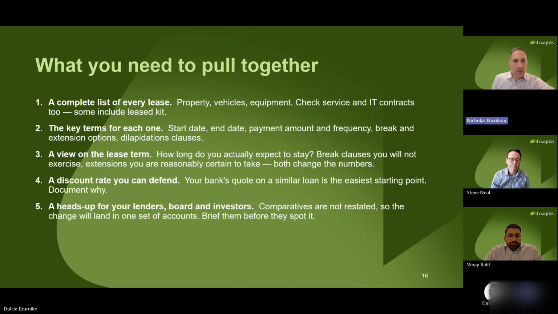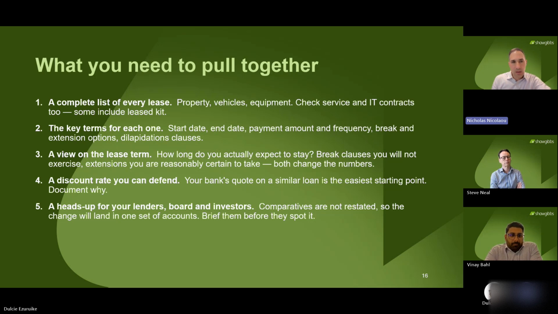So what do you actually need to start pulling together now? What you've got to do is find all your leases that you have in play at the moment. The important thing is to check the terms of each of them. As I've previously said, it will be important to understand those extension options, those break clauses, and what the dilapidation provisions mean.